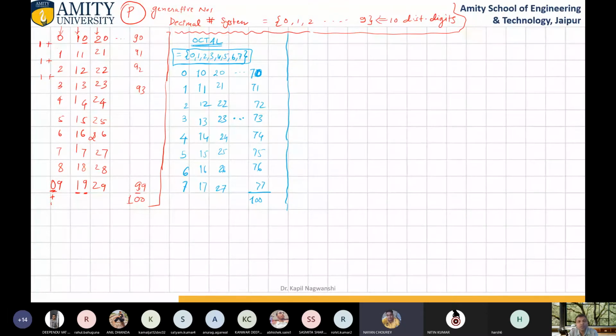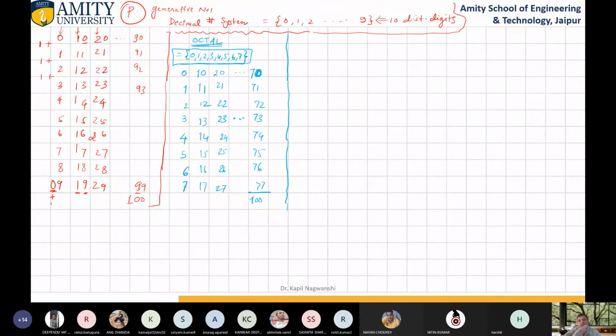Any other doubt in this? Yes. Clear. How are we counting? Because we have only this much digits available with us, that's why we are counting like this.